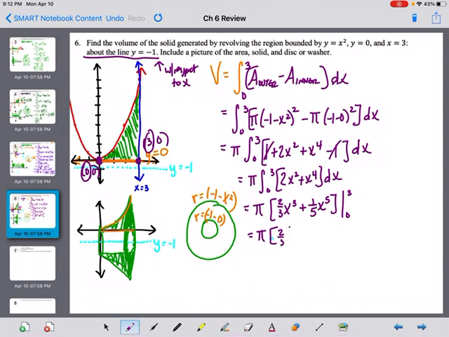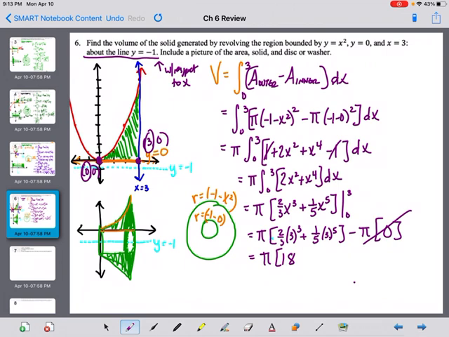All right, so plugging in 3 first, and then plugging in 0 second. Those terms are both going to go to 0. So doing the math here, 3 cubed is 27. 27 divided by 3 is 9, times 2 is 18. So I end up with 18 here.